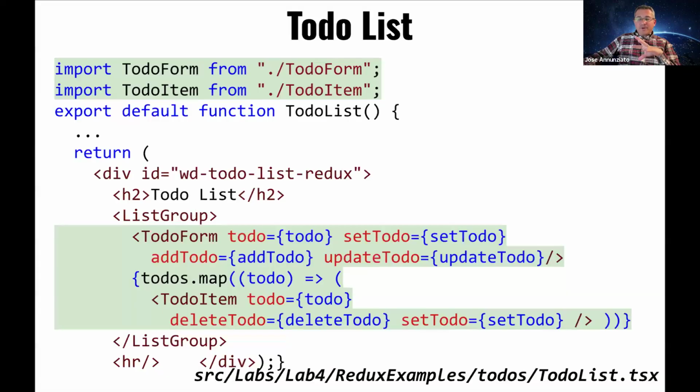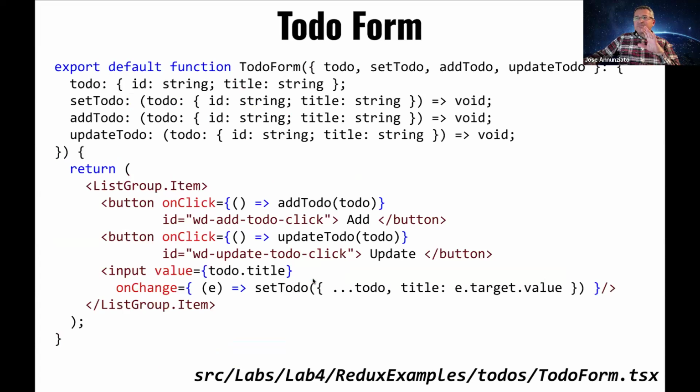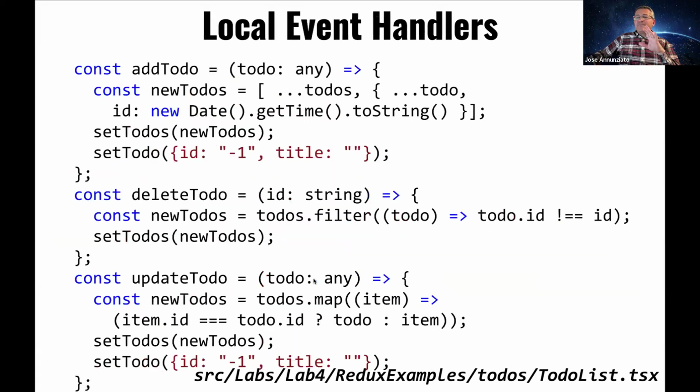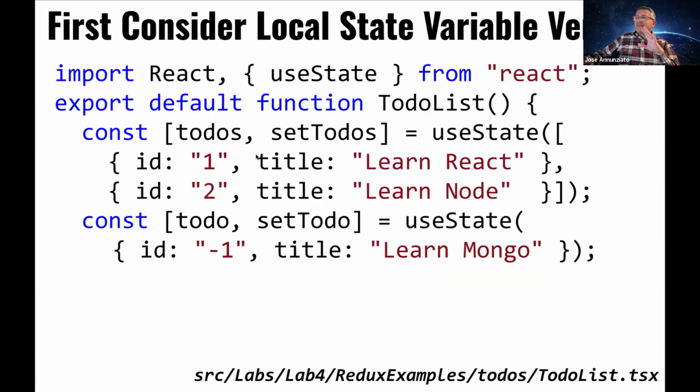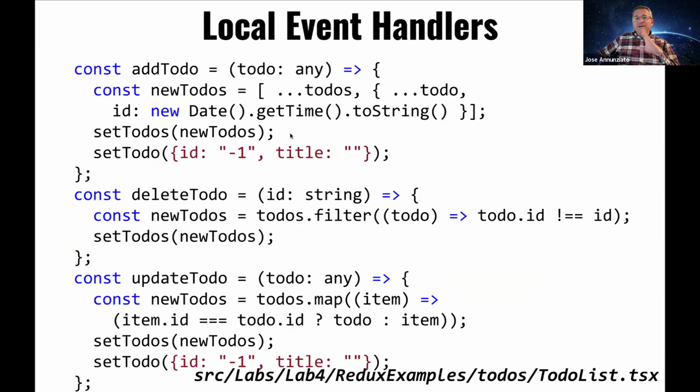How about re-implementing it, but with Redux? Notice that one of the problems here is that this to-do list is responsible for way too much. It has not only the responsibility of rendering the content, it also has the responsibility of maintaining the state, and also implementing all the mutator functions responsible for updating the state.